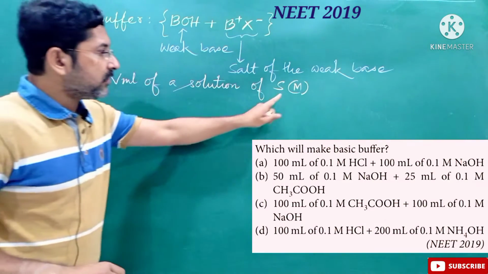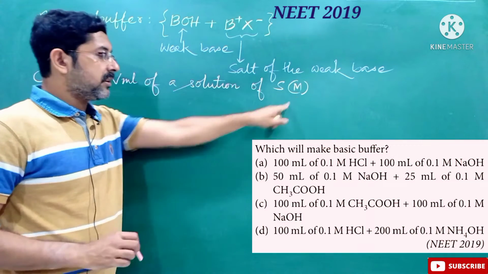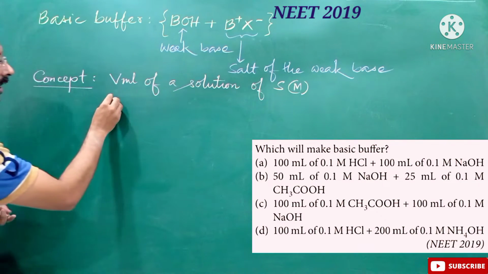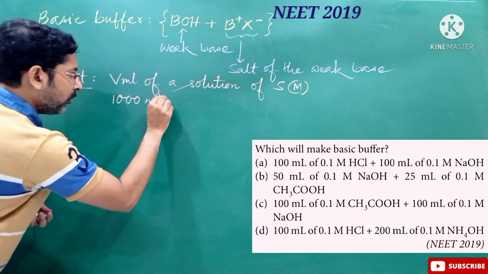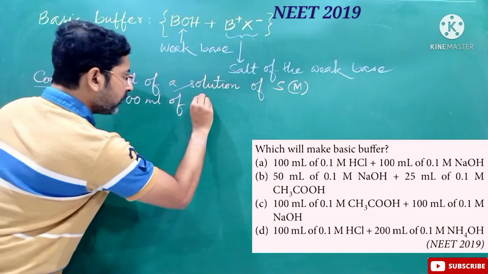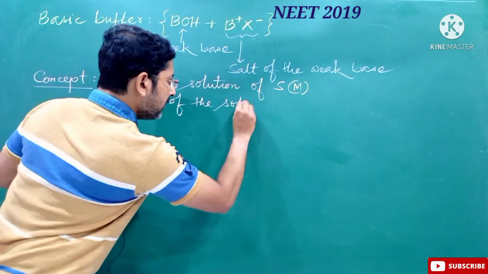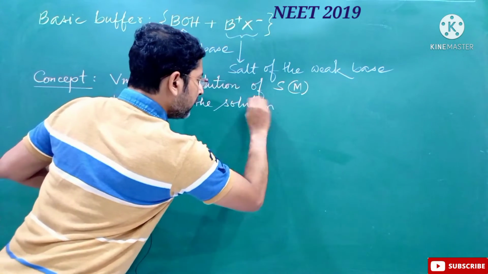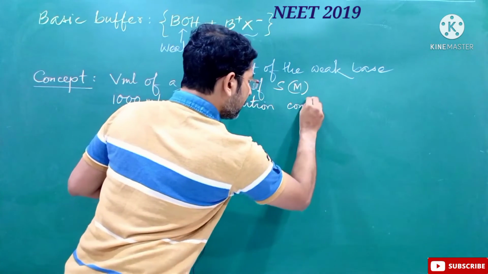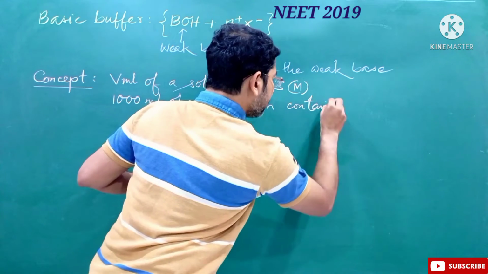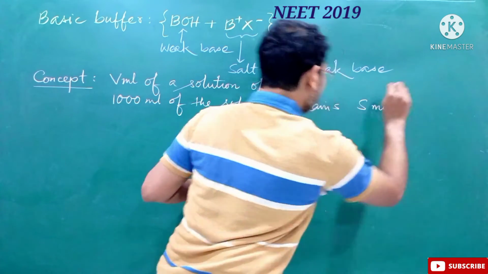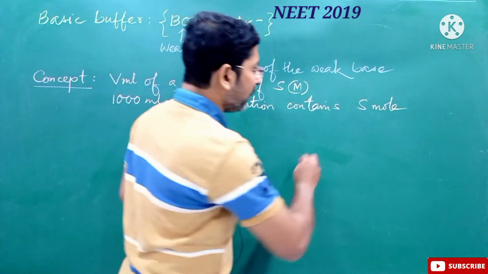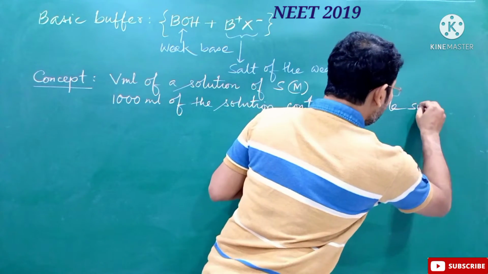See, the concentration of the solution is S molar, right? So we can write 1000 mL of the solution contains S mole of substance.